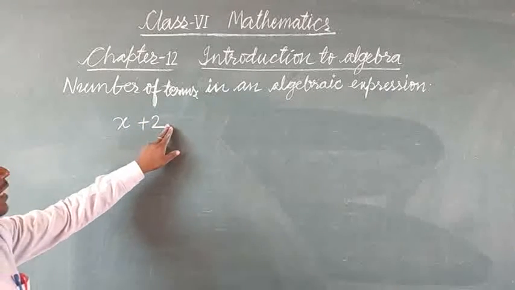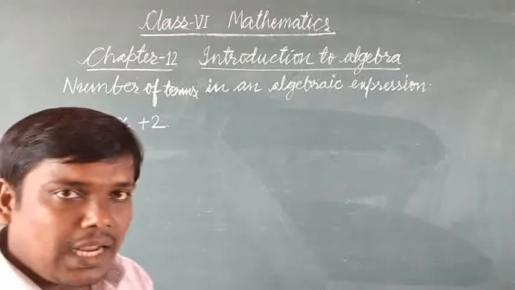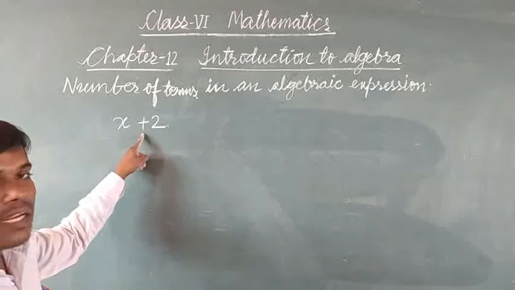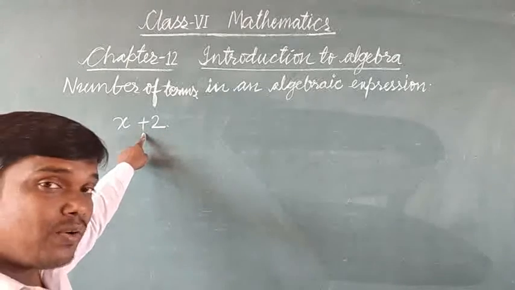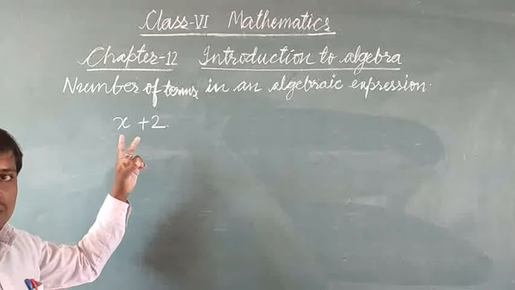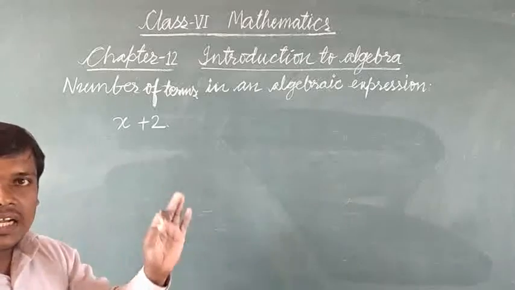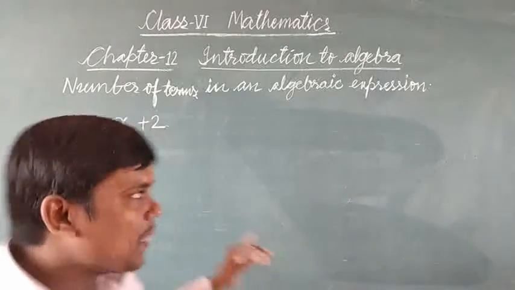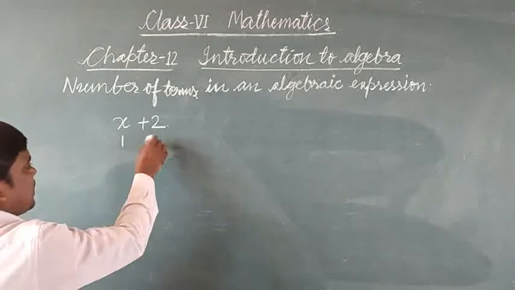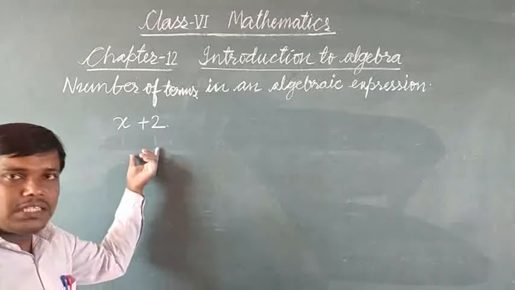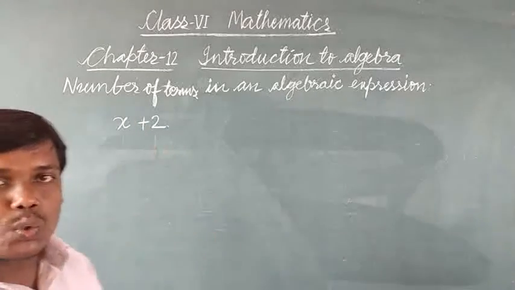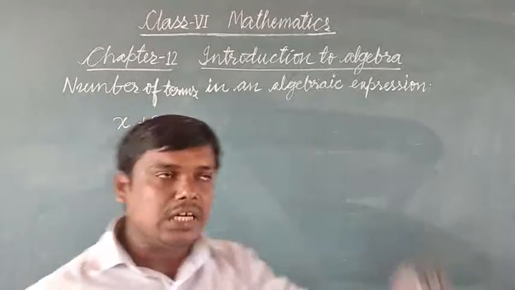It is an algebraic expression, and we see that x and 2 are separated by a plus sign. We know that in an algebraic expression, two terms are separated by either a plus or minus sign. So here one term is here, another term is here. How many terms are there in this algebraic expression? 2 terms.